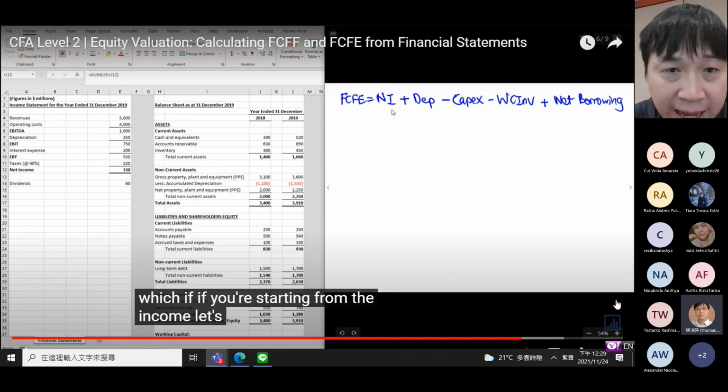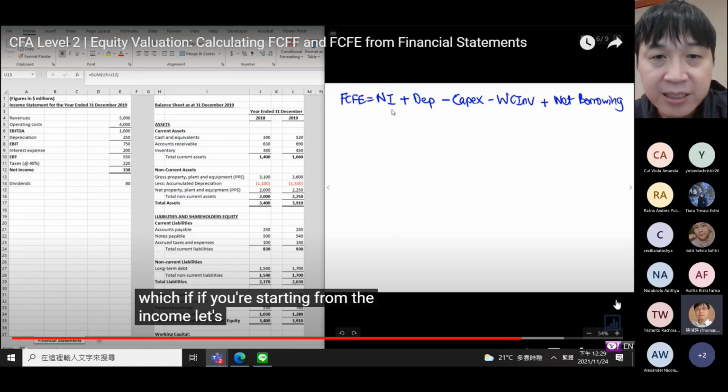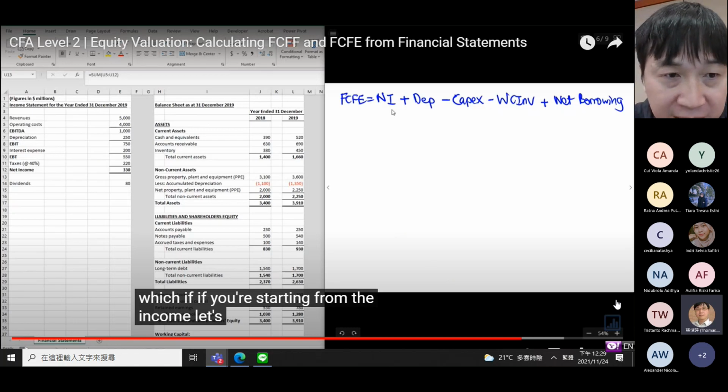As you see, in 2018 compared to 2019, in the working capital items, so payable, receivable, inventory.